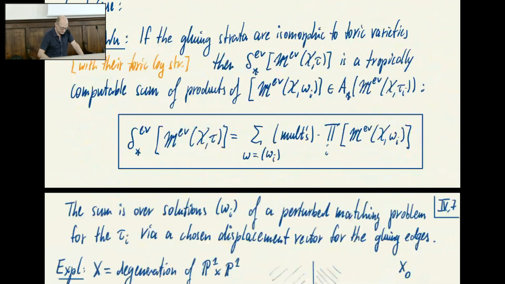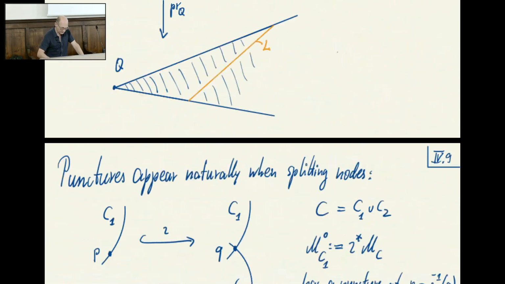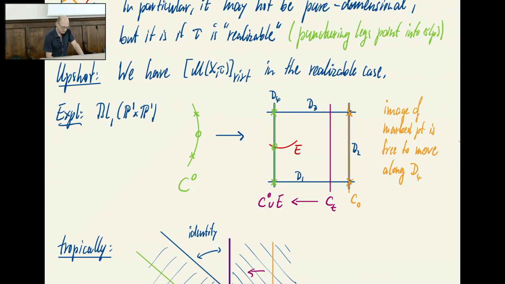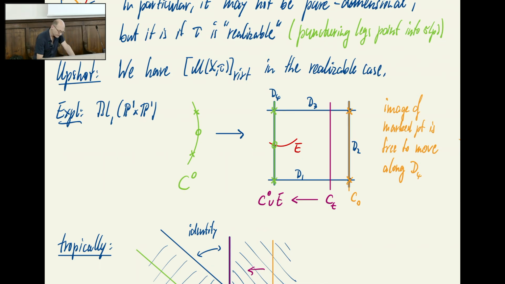Okay? So let's finish with one example, how this comes up. Let's look at the blowing up in one point, non-toric blowing up of P1 cross P1. So this is this kind of picture here. You have an exceptional curve. And I look at lines like this.